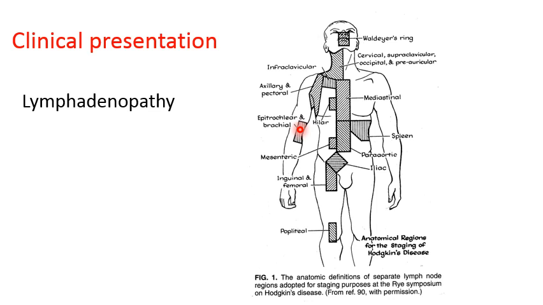So it is important to examine this lymph node group as well, and even the popliteal lymph nodes you can palpate. For the other nodes like mediastinal, para-aortic, iliac and mesenteric, you have to do X-rays and radiological investigations, and you can feel the spleen and liver as well. So the lymphoma can occur in any of these lymph nodes.